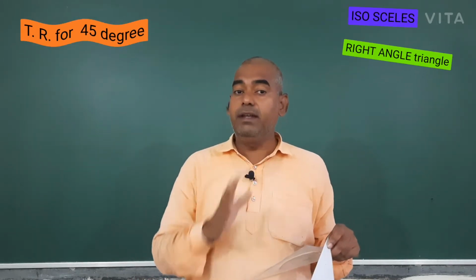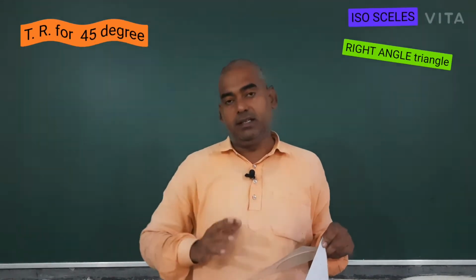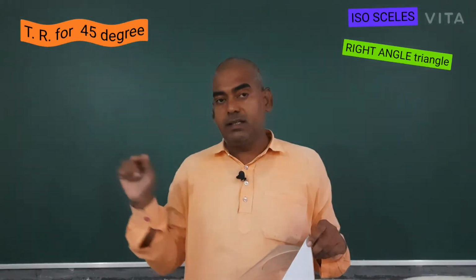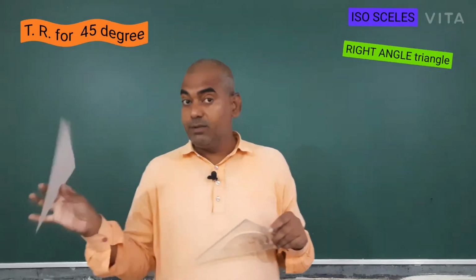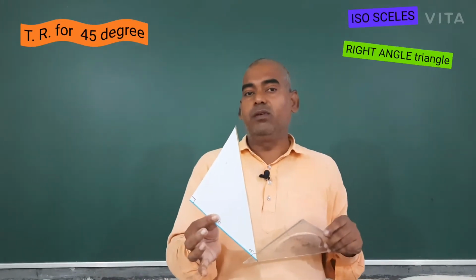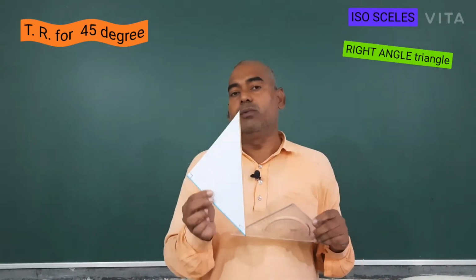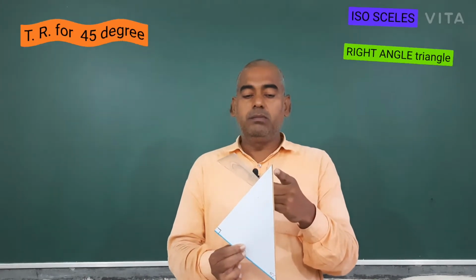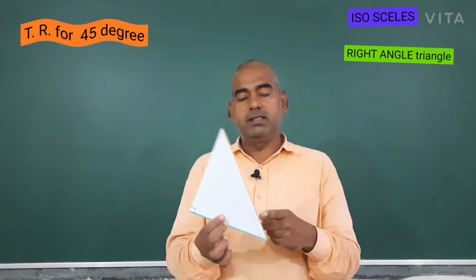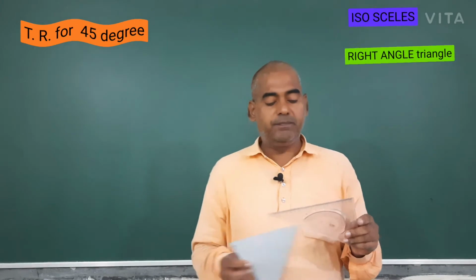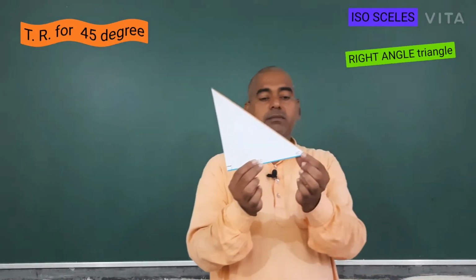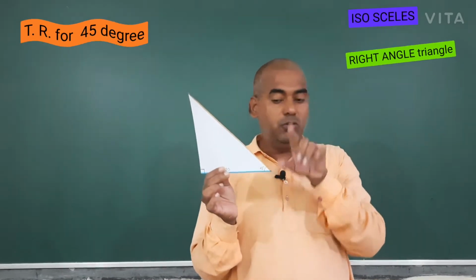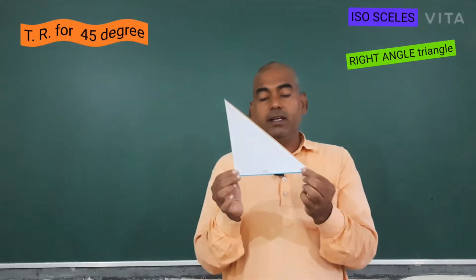These are axioms. It is given in class 9th, you will see. In class 9th it was given with the proof, how to prove that the sum of all angles is equal to 180 degree.